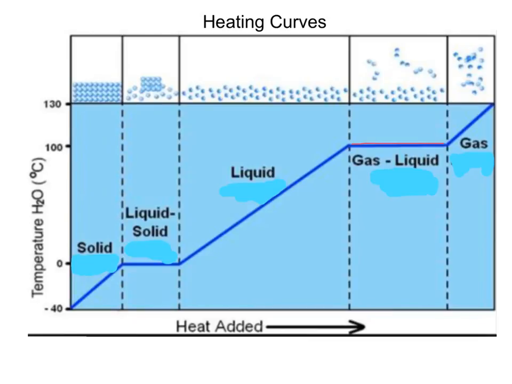Okay, one last question I might ask. Could you draw the reverse of this? Could you draw the cooling curve? Go ahead and just mentally sketch what you think it would look like if you were to draw right on top of this what the cooling curve looked like. Here we go. It's a gas cooling off.